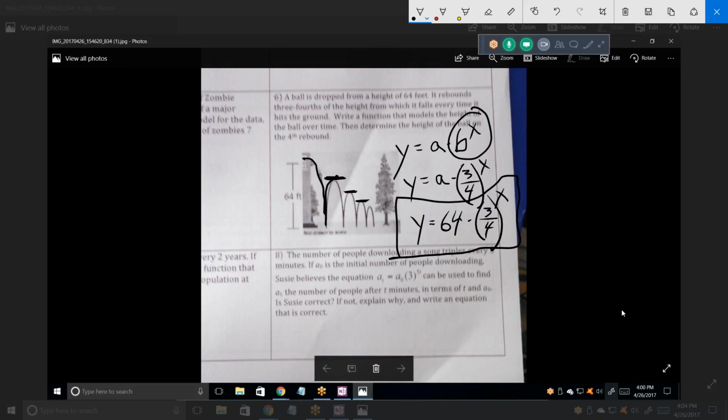Okay. So then determine the height of the ball on the 4th rebound. So what's that going to be? You just exponentiate 3/4 to 4. Correct. In other words, whatever this number is going to be the answer. Do you care about answers here? Well, yeah, I can always turn this in.